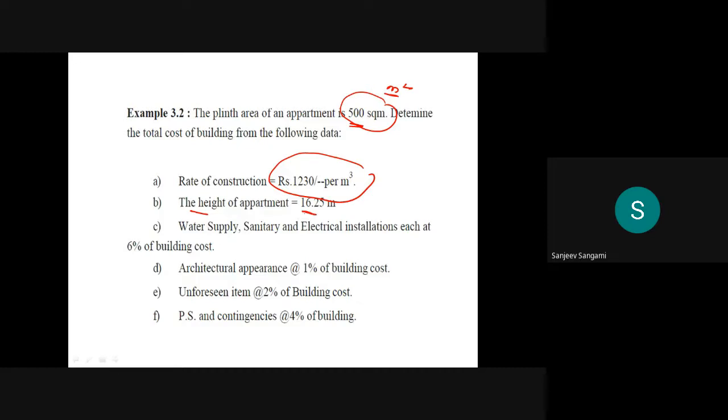So first do the conversion. The rate he has not given per meter square. So the total volume of the building has to be calculated. The volume of the building can be calculated by multiplying 500 and the height of the apartment. Do that first.